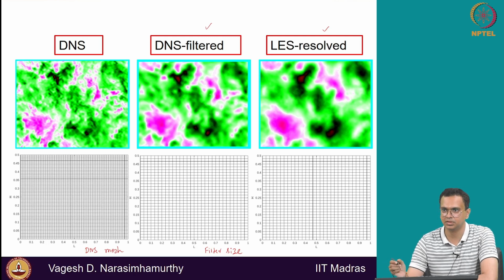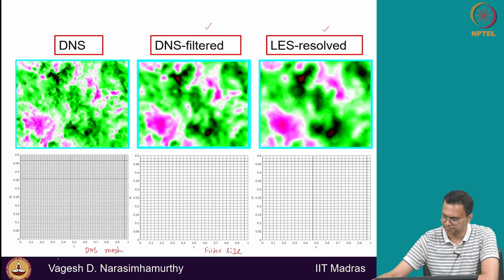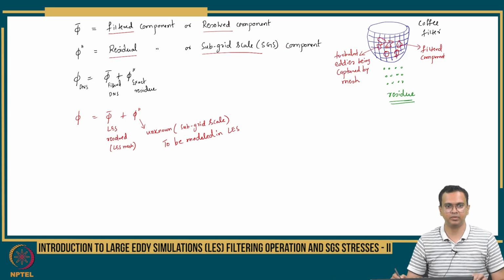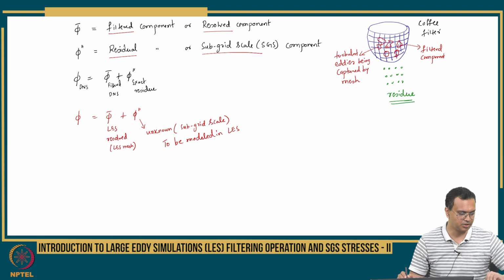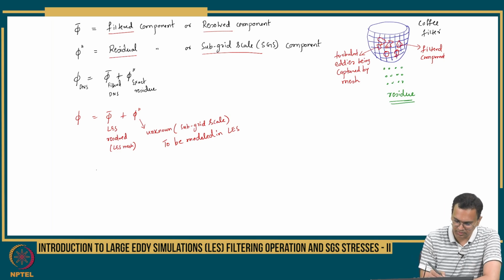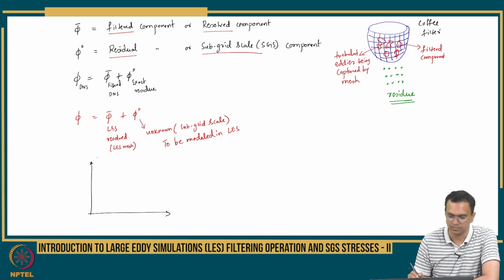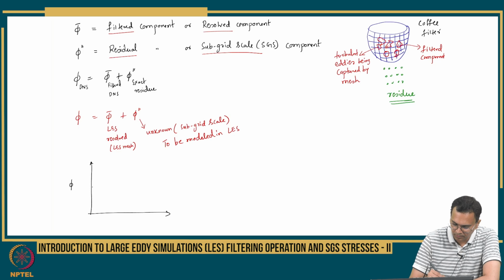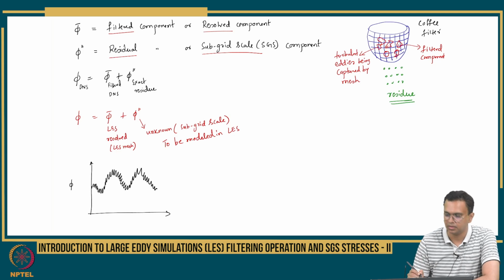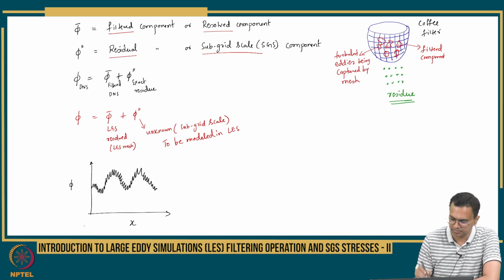Okay, this is clear. So now we'll see a little bit more in depth what we mean by low pass filtering, volume averaging and so on. I can give an illustration here. Let's say I have a 1D signal. Let's say phi is my random signal. Let's say it looks like this along the x direction.